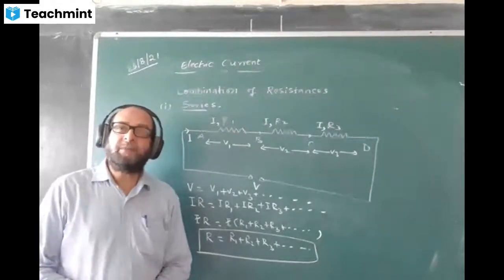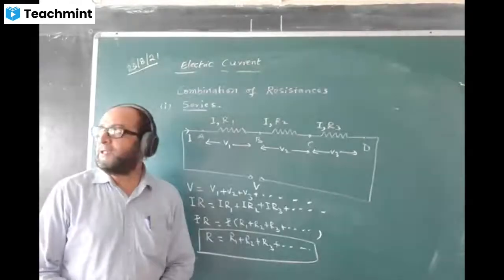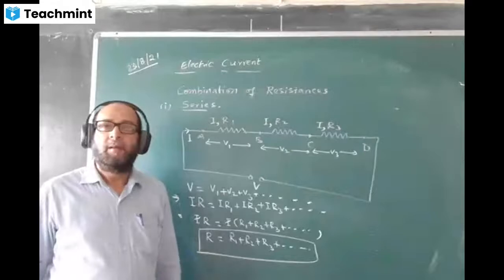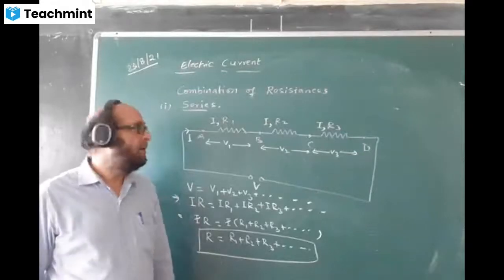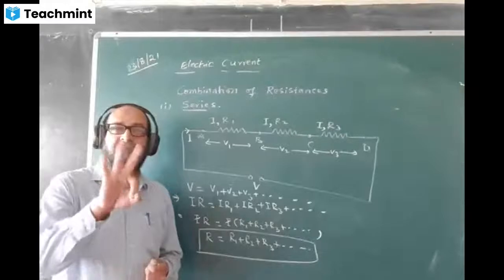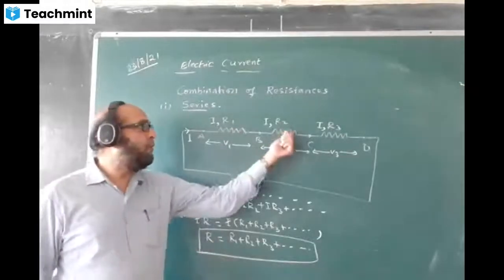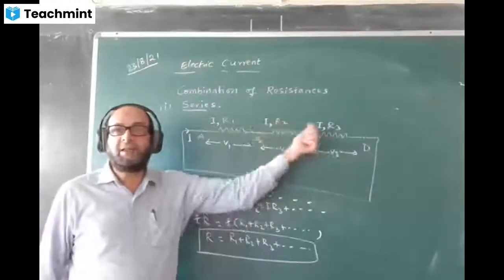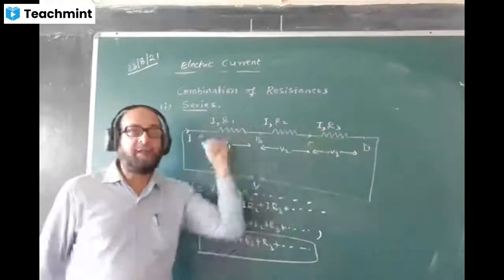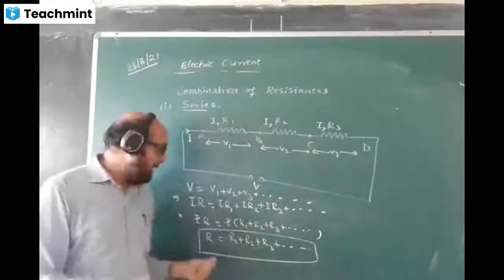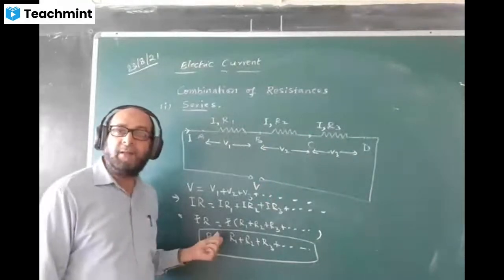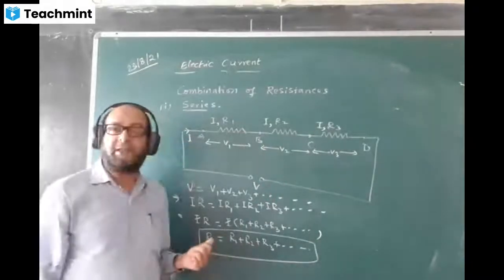Did you understand the meaning of this sentence? Greater than the greatest. Suppose we are having three resistances, 1 ohm, 2 ohm, 3 ohm. Which one is the greatest? 3 ohm. The total resistance R will come greater than the greatest.